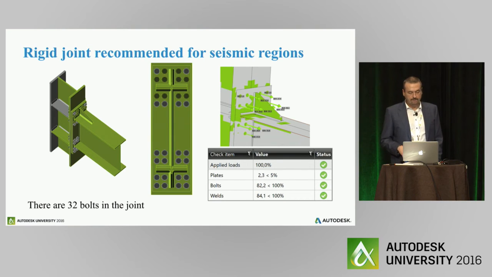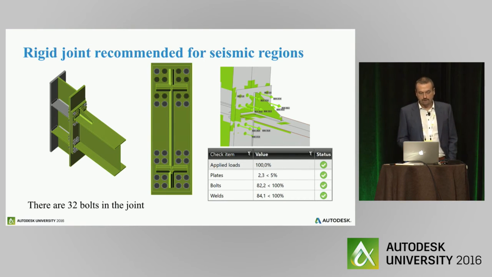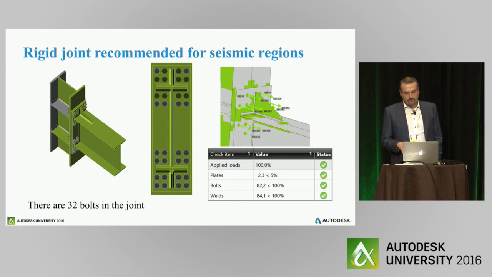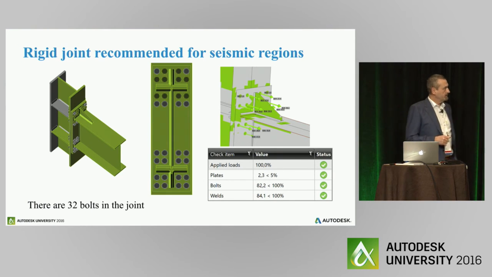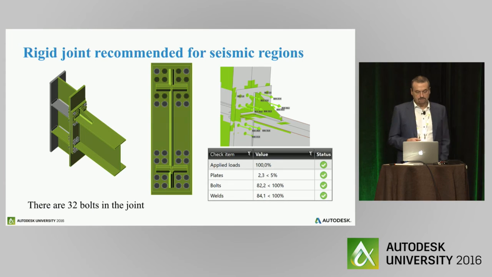They are green, but there are also gray ones which are probably not loaded so much. On this picture, you can see the forces in bolts, and the bolts in the corners take almost no force.